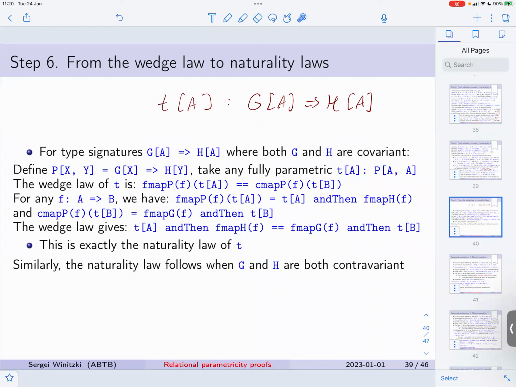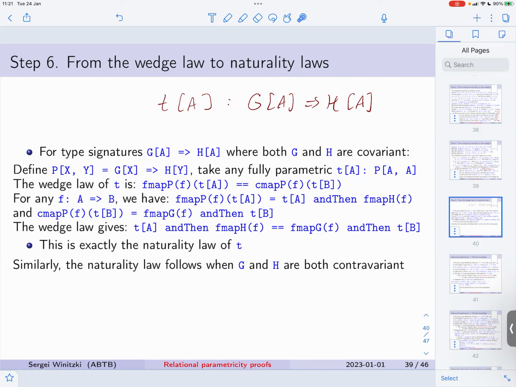finishes the proof that fully parametric expressions and fully parametric functions satisfy the laws that we have written. There's a very general law, the relational naturality law, but for specific cases, we have an ordinary naturality law that follows from it. And then we have the commutativity laws and the unit lemma and all that.